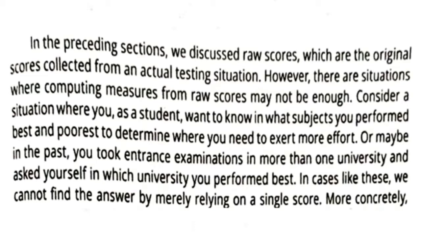Consider a situation where you, as a student, want to know in what subjects you perform best and poorest to determine where you need to exert more effort. Or maybe, in the past, you took an entrance examination in more than one university and asked yourself in which university you performed best. In a case like this, we cannot find the answer by merely relying on a single score.